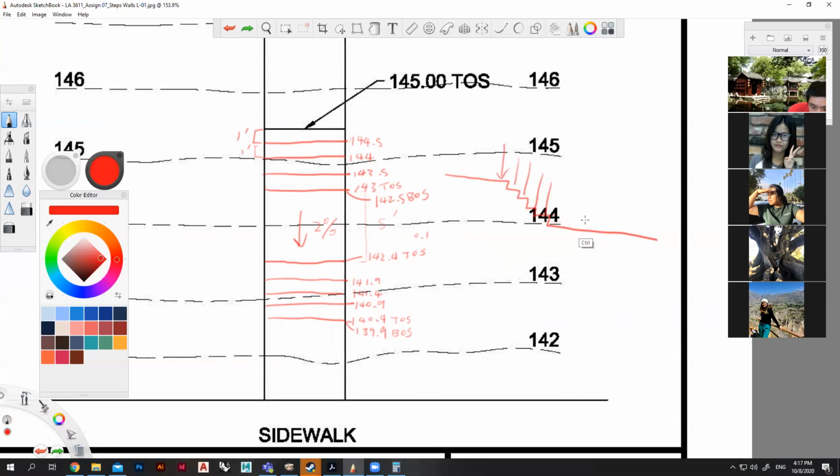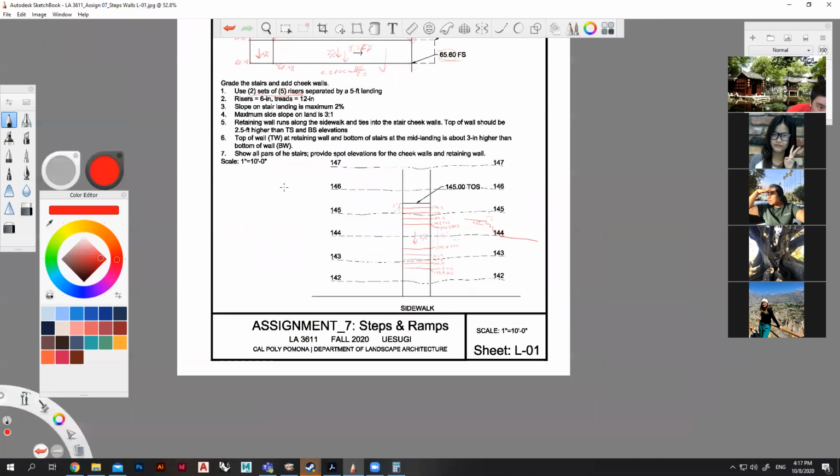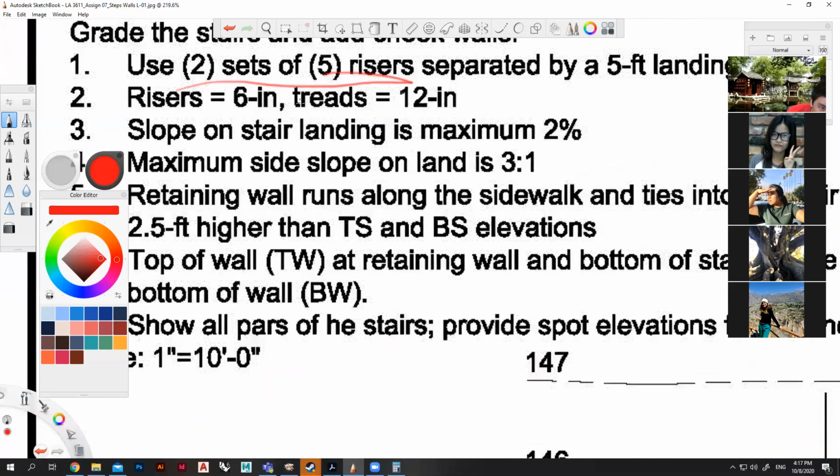Right, and you said that every step is 1 foot apart, and then the large one is going to be 5 feet. Okay, so the ramp is 5 feet. Every step over here is 1 foot apart. The height of them is half a foot, because we are given the information that the risers are 6 inches.